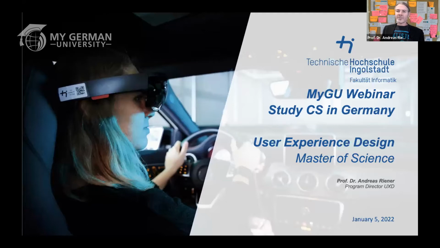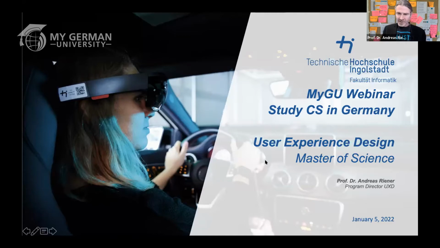Right now, we have about 75 degree programs in graduate and undergraduate programs, teaching mainly in German, but also in English. And there are also some programs that have a mixed German-English education. So there are a lot of opportunities for you.